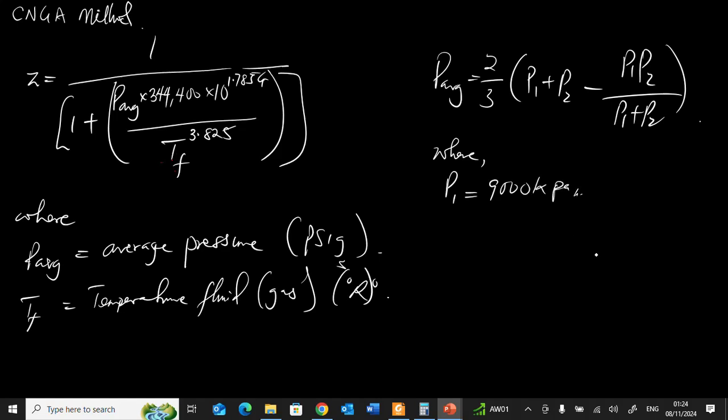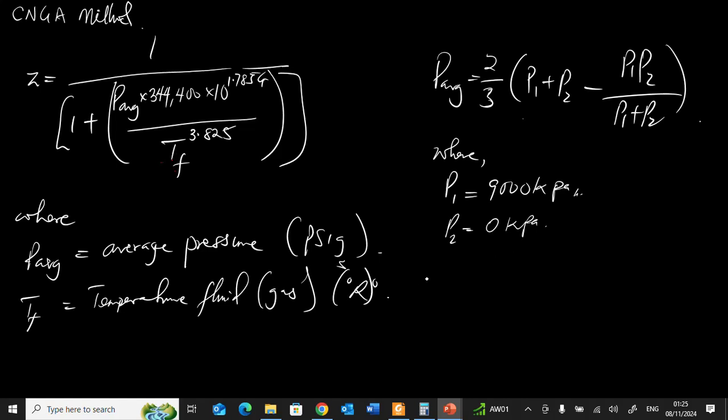Since it's 9,000 kilopascal, let's assume, no, the inlet pressure is 9,000 kilopascal. Let's assume that the outlet pressure is 0, but we don't know.